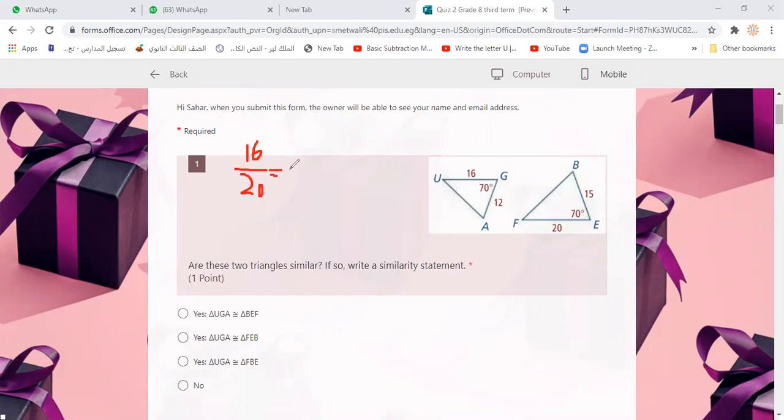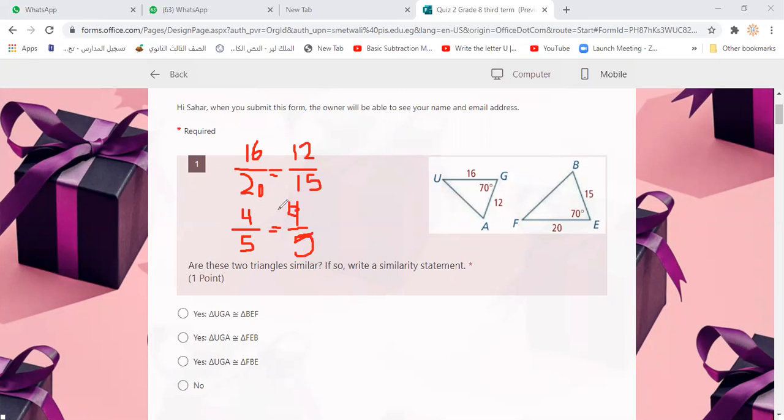Next, GA 12 over EB 15. In simplest form, for the first one, divided by 4 equal 4, divided by 4 equal 5, and the second, divided by 3 equal 4, divided by 3 equal 5.